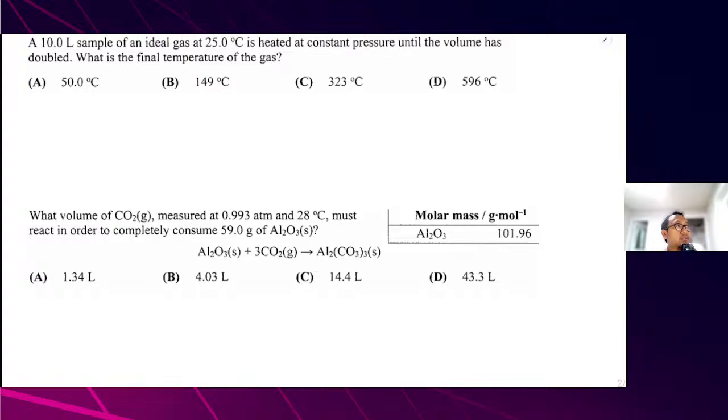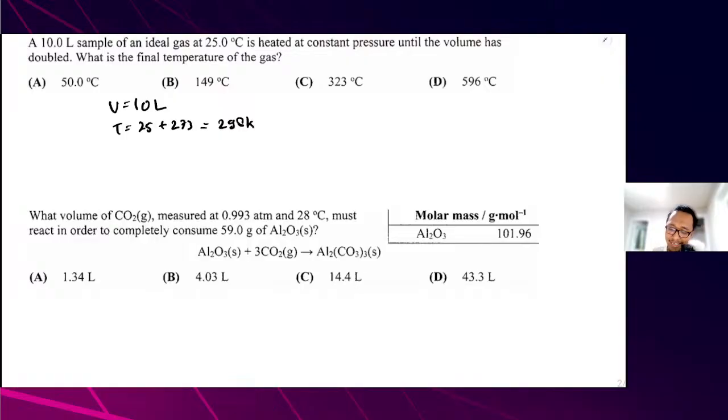How to deal with this question is pretty easy. We have the information: volume is 10 liter. Temperature is 25 plus 273 for the Kelvin. Remember, we always use the Kelvin, so it will be 298 Kelvin.